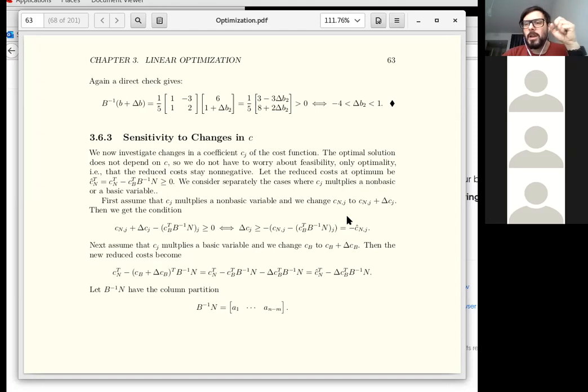But you know, the point of this chapter is to introduce you to the idea that after you've formulated an optimization model, in this case a linear optimization model, then changes in the parameters of the model will result in changes on the cost, the thing that you are minimizing.